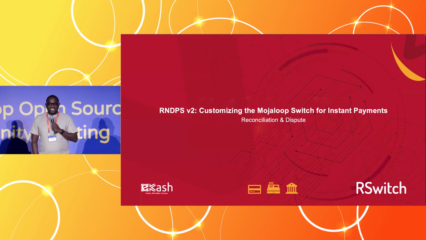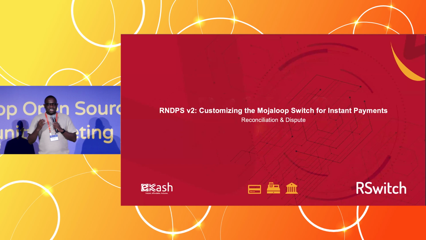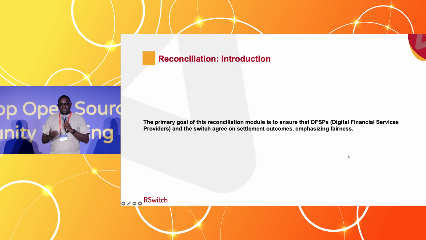In our implementation of Mojaloop, as a part of R&D version 2, what we try to maximize is that if the switch has communicated to DFSPs that a transaction has been successful or failed, we minimize the errors that could be caused by the switch to the maximum level possible.